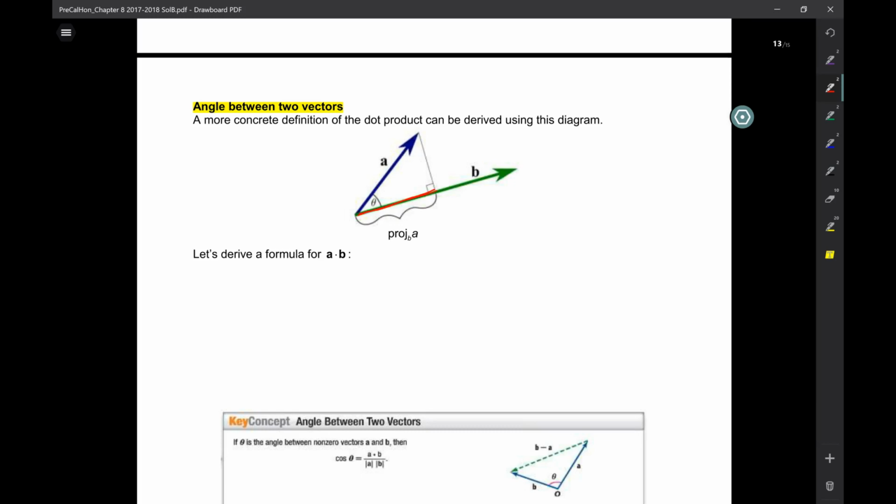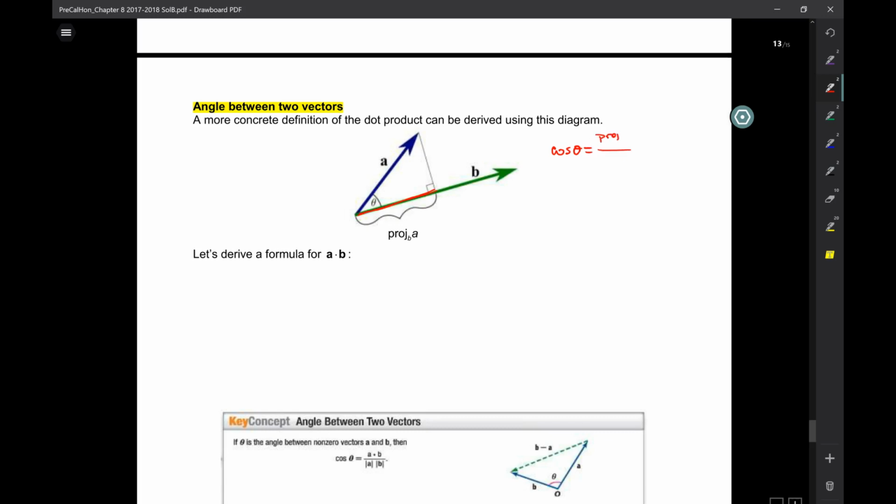So if I'm talking about this red projection and the blue vector A, which one of the trig functions would that be? Cosine. So that would mean that cosine of theta is equal to A... No, I'm sorry. Thank you.